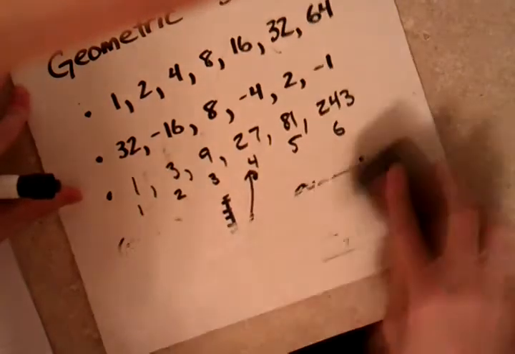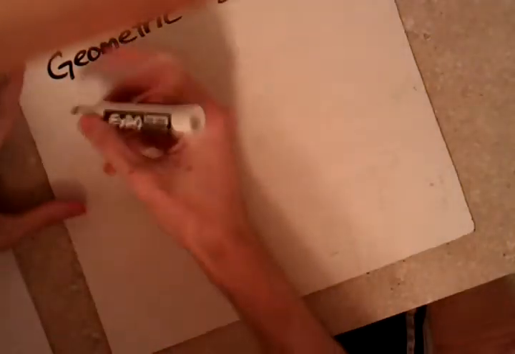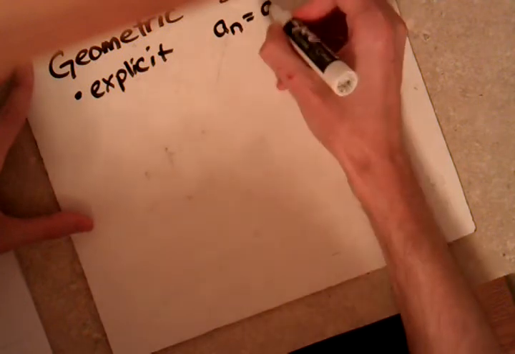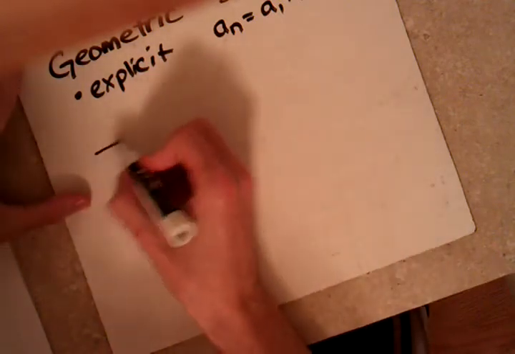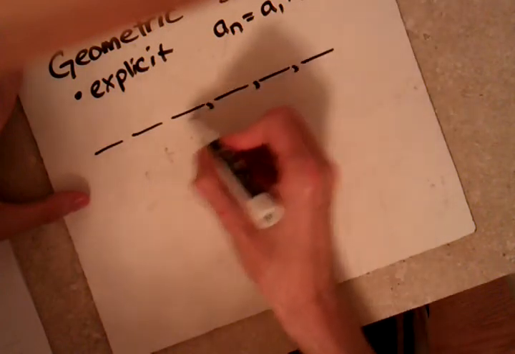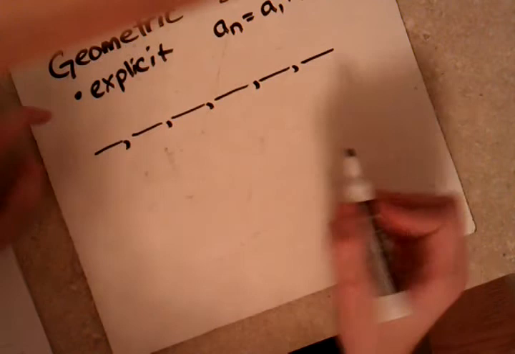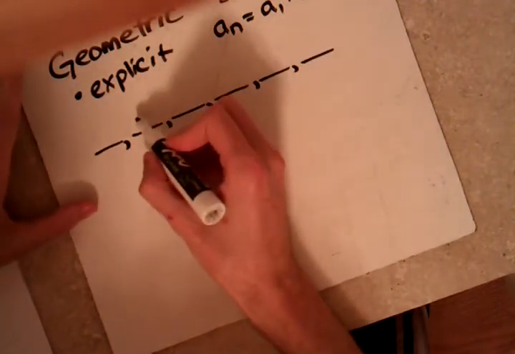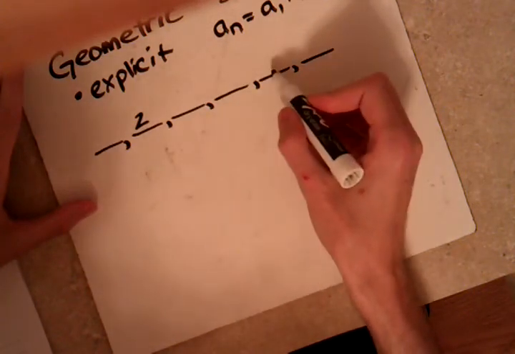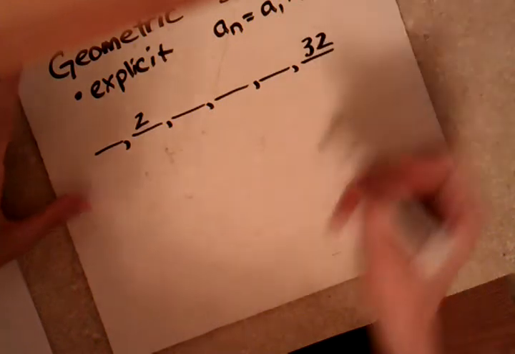So some cool things that you'll notice aside from that formula. So I'll copy this down up here so we can add it to our list of things we talk about. The explicit formula is a sub n equals a1 times r to the n minus 1. Another cool trick that you'll see, let's say that you've got a sequence like this here, and you know it to be geometric, and maybe you know that this term here is 2, and maybe this one here is 32.